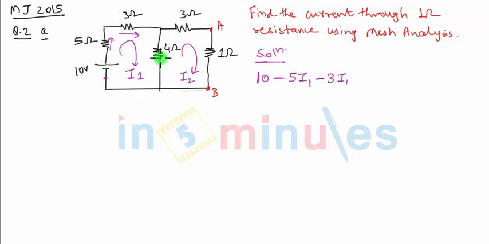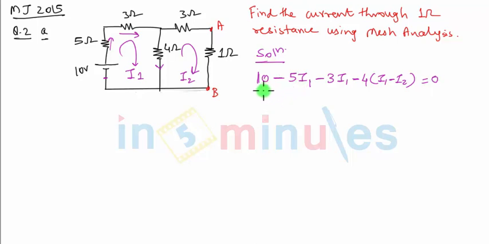When we pass through 4 ohms, it is being shared by both the meshes. In such a case, the downward current, which has the same direction as I1, will be nothing but I1 minus I2. And we are also traveling downward, so the drop will be negative, minus 4 times (I1 minus I2). And then we come back to the same point, so my equation ends here.